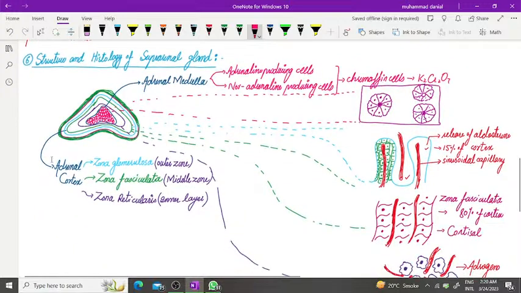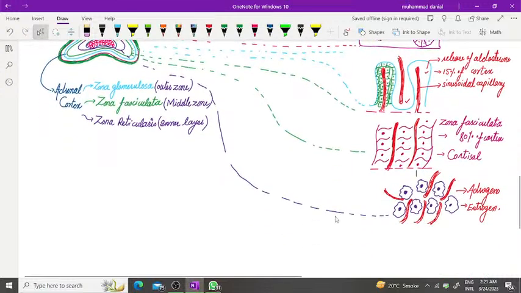Adrenal cortex is further composed of three layers or zones: zona glomerulosa, zona fasciculata, and zona reticularis. Zona glomerulosa looks like in this shape. Zona fasciculata looks like in this shape, and zona reticularis looks like in this shape.